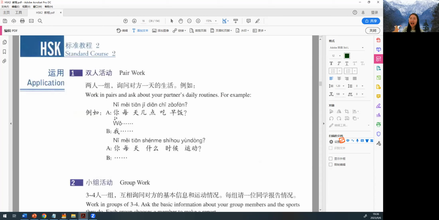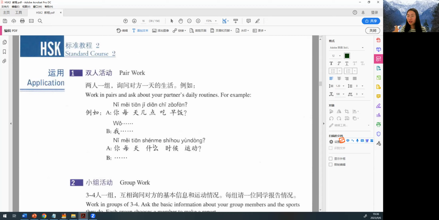So if A asks me, I will answer 我每天8点吃早饭. So here 每天 every day, 几点 what time? It's a question word, it asks what time. 吃早饭, 吃 eat, 早饭 breakfast. So we answer at what time I eat breakfast.